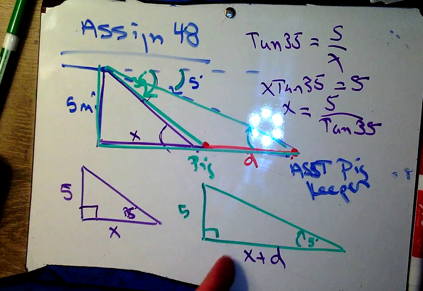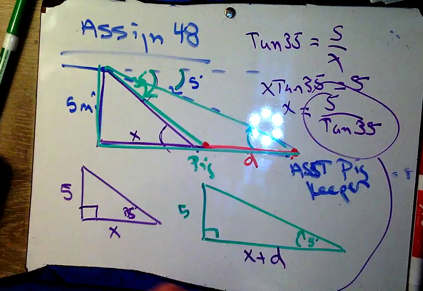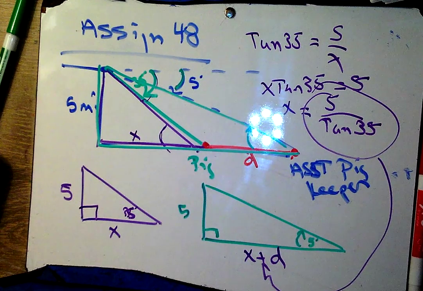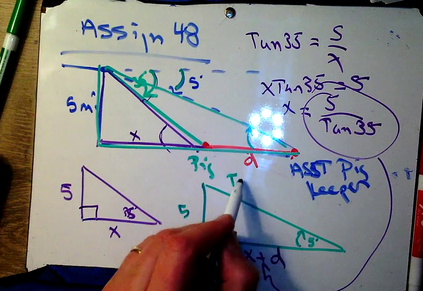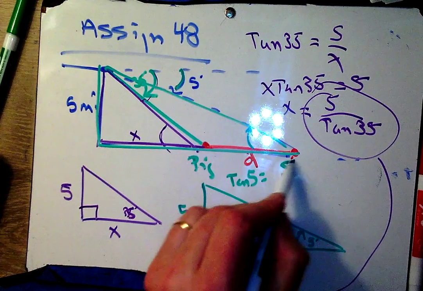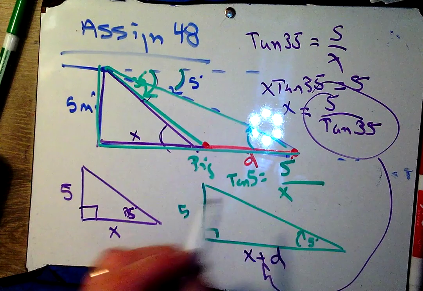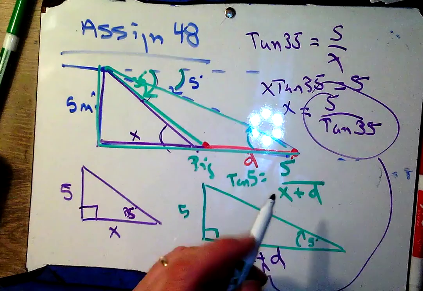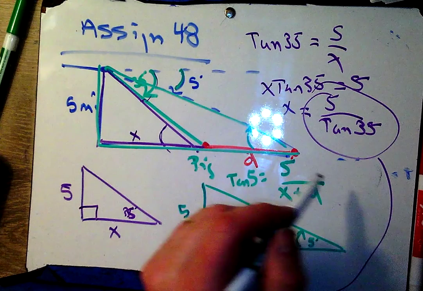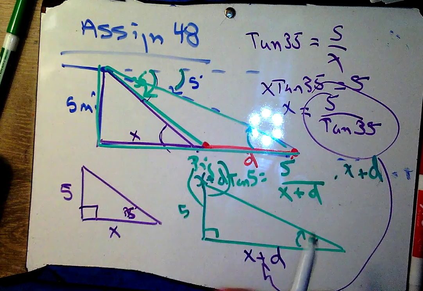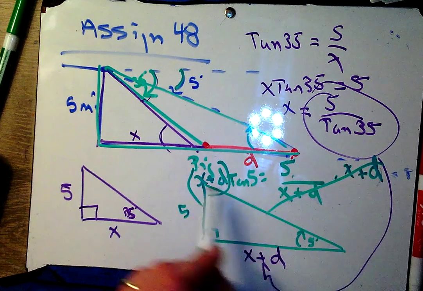Now, once I know what x is, I can just plug that number in here, huh? I know for this, I can write tan 5 equals 5 over x plus d. And if I multiply both sides by x plus d, these will cancel, and I'll have 5 equals this stuff.